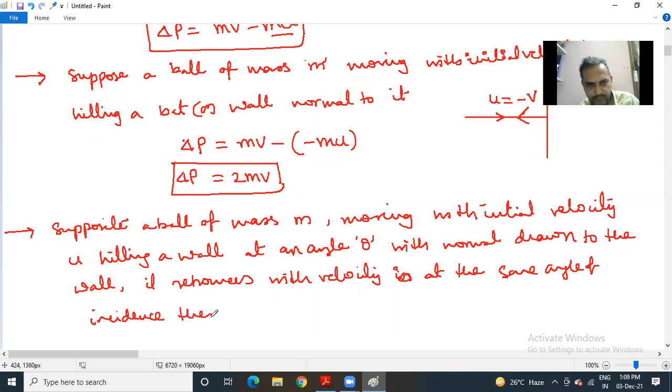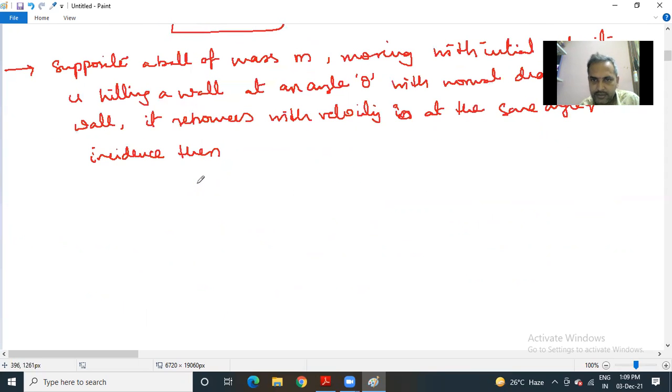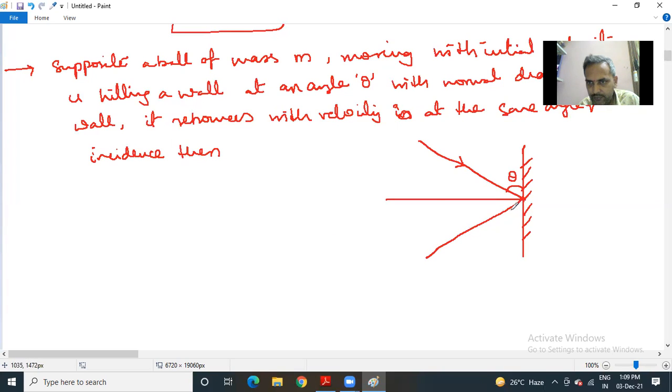Let us try to understand this sentence with the help of a diagram. Let us say this is the wall, and this is the normal drawn onto the wall. The ball hits the wall with initial velocity u at an angle theta. It is moving back at the same angle with velocity v.